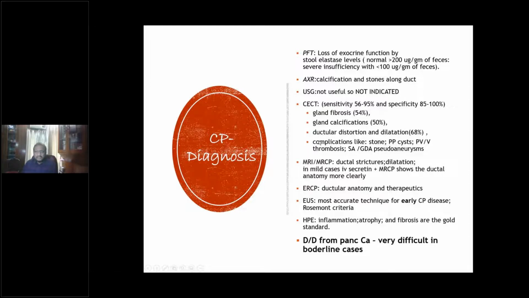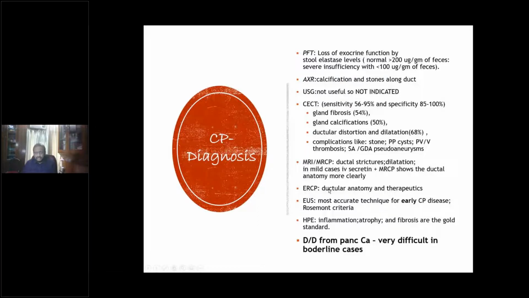It can also show you pseudoaneurysm formation in the splenic artery or the duodenal artery. The next in line is the MRI or MRCP, which is again a better method to show the ductal configuration of the pancreas, and especially where you're suspecting a very minor ductal alteration, you can combine MRCP with secretin, which shows ductal anatomy in very mild cases to be altered.